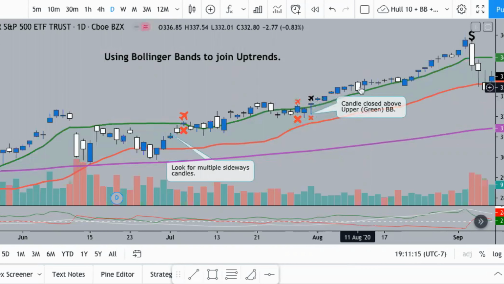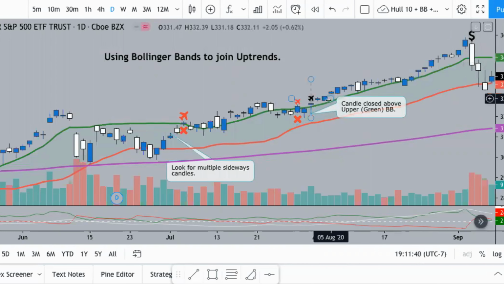All right, now in this particular case, we got in at 326.50, 326.52, and we didn't get out of this trade until price closed underneath the upper Bollinger Band here at 345. Okay, so that's a nice 20 points that we were able to ride this trade, or basically ride it from July 31st all the way up until September 3rd.